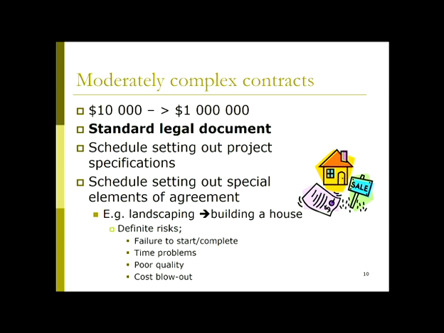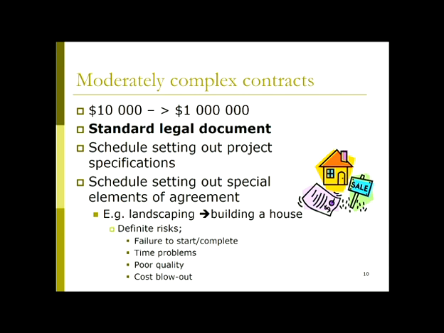So you may have clauses written into your contract that have penalties put in there. If you don't start by a certain time, this is the penalty. Or it may even be, if you don't start by a certain time, the contract is null and void, no longer legally binding. So those sorts of things can be written in. And you can see that that's important when you've got, by this stage, probably hundreds of thousands of dollars on the line.